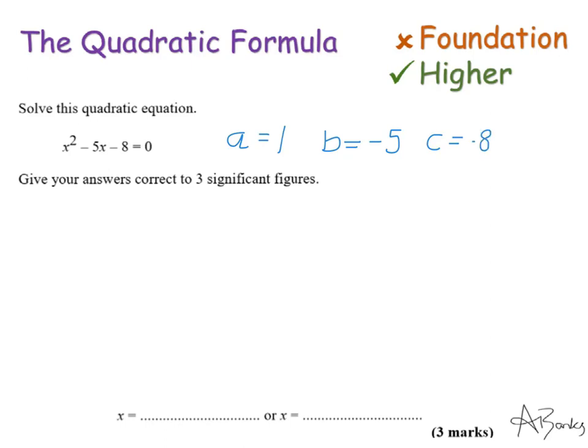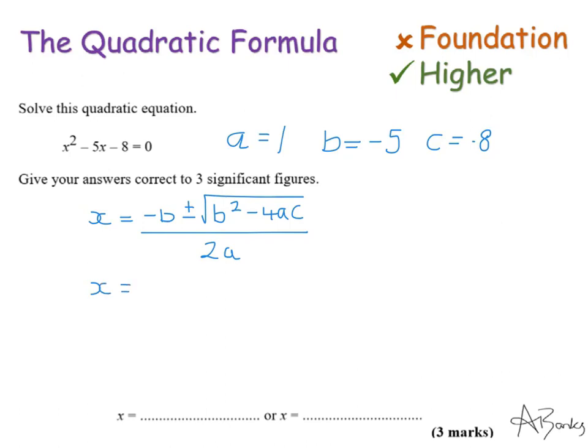So let's look at what happens and why this is more difficult. So writing out my formula first, x equals minus b plus or minus the square root of b squared minus 4ac all over 2a. And then writing in my values, I have minus b.